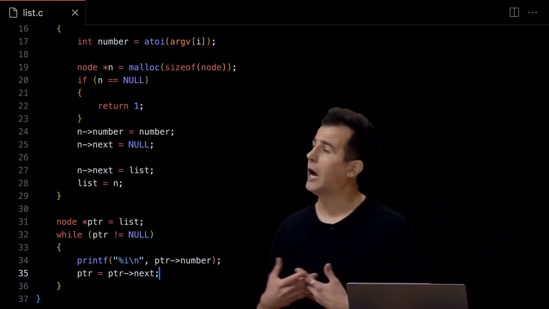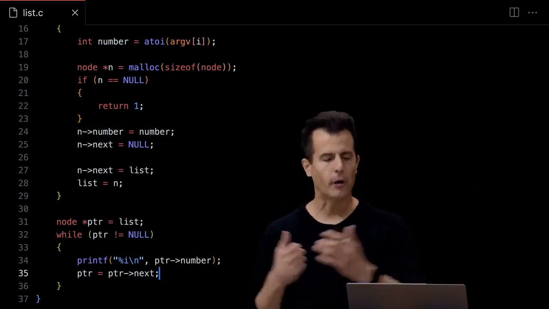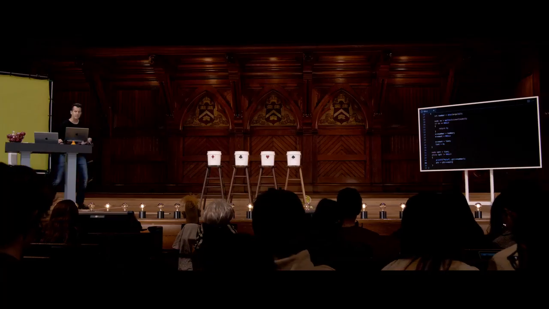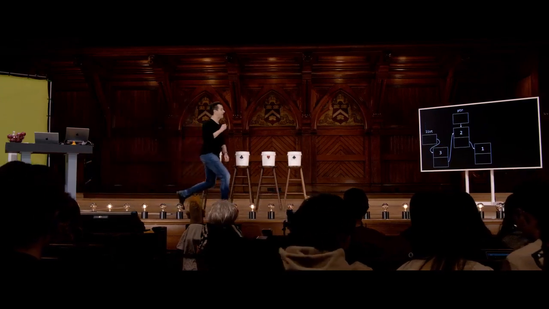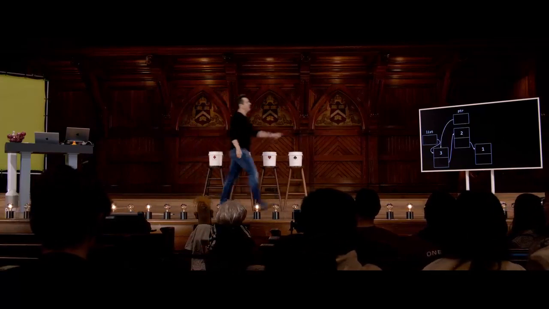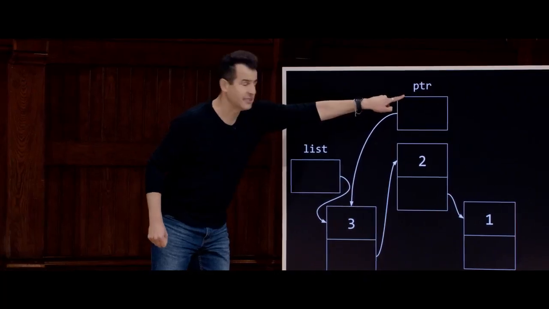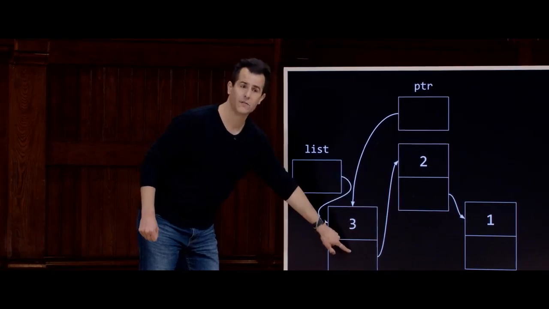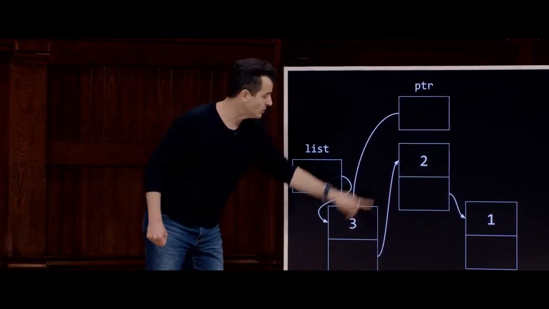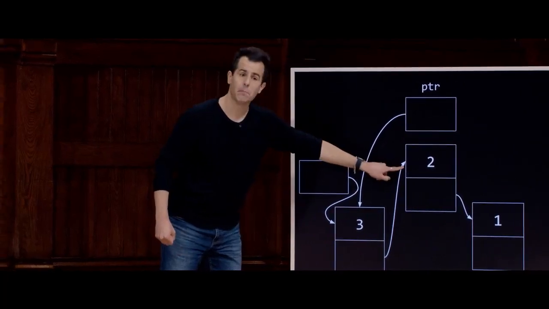And this is a very common paradigm when iterating over a linked list and you're using some temporary variable like pointer. You can simply set pointer equal to pointer next. And what that means here is as follows. If this is pointer pointing from here down to here, pointer next is follow the arrow, grab the next field. So if you set pointer equal to this thing, that's the same thing as pointing this at this same box.